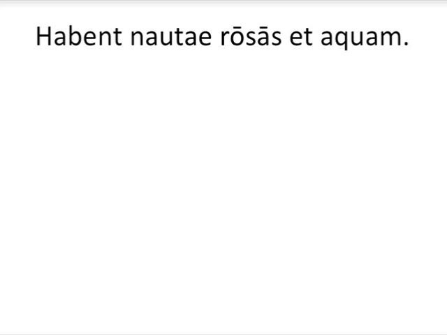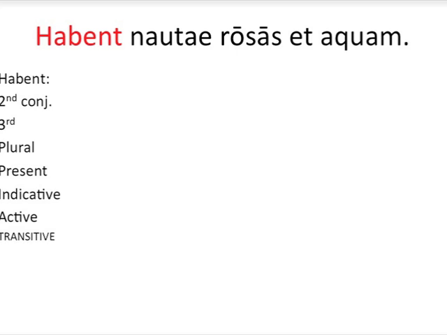If the verb's a transitive verb, then what we call in English the direct object will be in the accusative case. So let's think about this sentence on the screen. Habent nautai rosas et aquam. If we take a look at habent, we can say, okay, this looks like a verb. It's a second conjugation verb, habeo, habere.